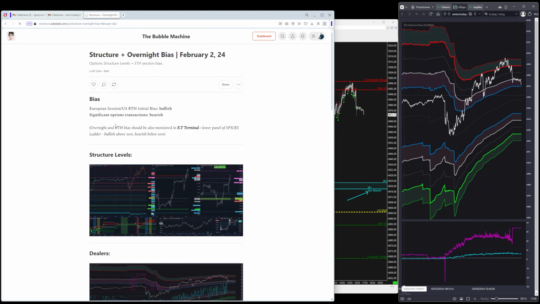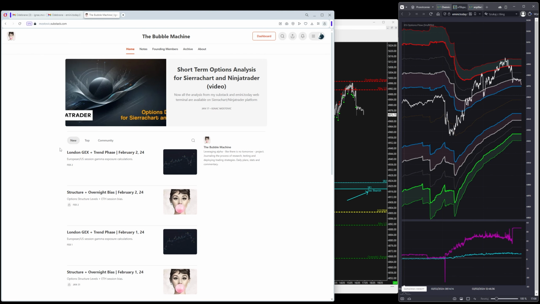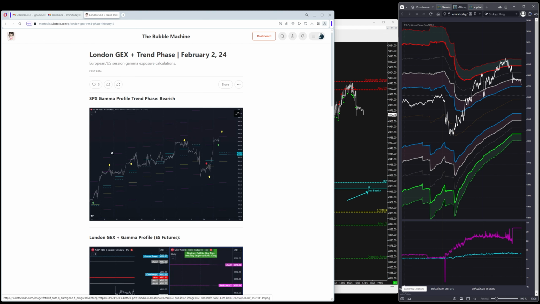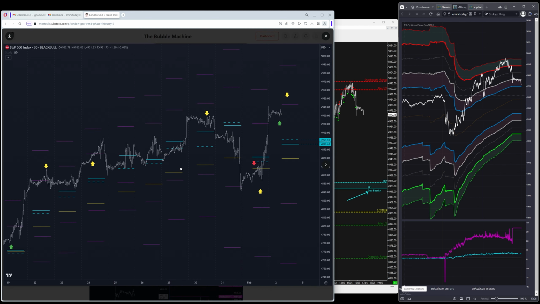So basically, if you go to my Substack, this is London GX, right? Plus the trend phase. We are going to talk about the trend phase in the next few videos. These are basically our three metrics. Okay, so first of all, where does it come from, the GX, bearish or bullish?